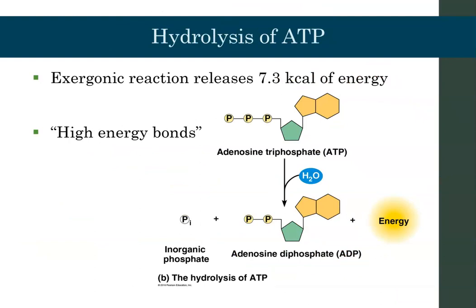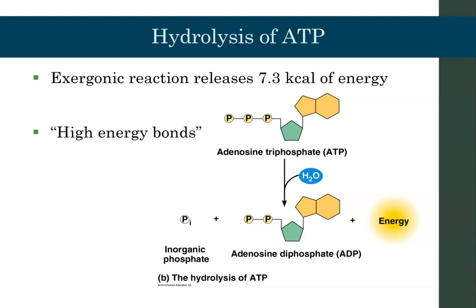So by breaking down ATP or performing a hydrolysis reaction, we are actually going to release energy. So in chapter 3, we learned about dehydration reactions, where we build a water molecule, pull a water molecule out of the system, and form a bond. Hydrolysis is the opposite. Hydrolysis is adding water into a bond in order to break it.